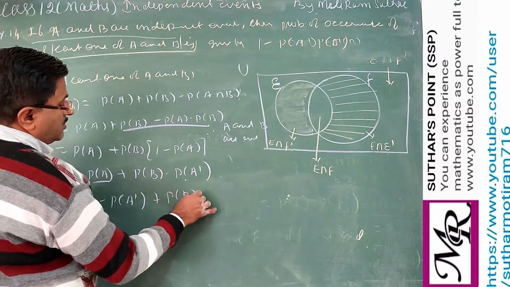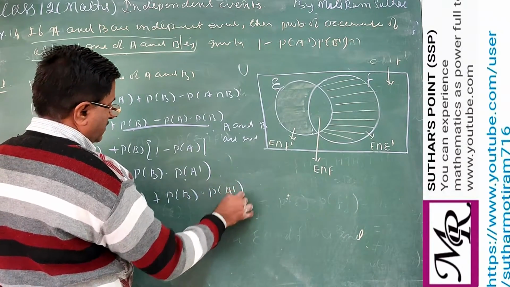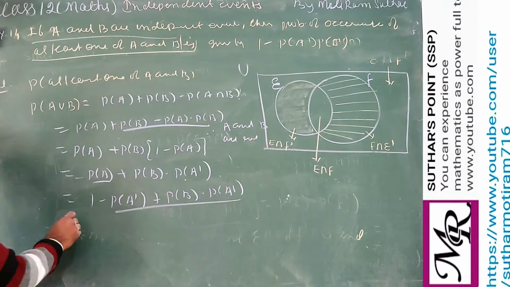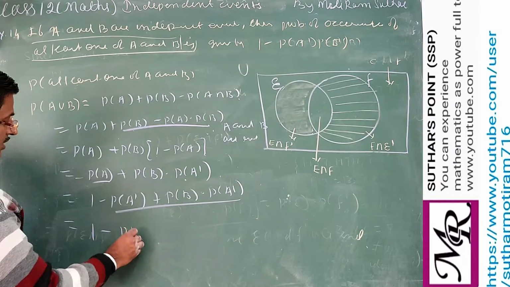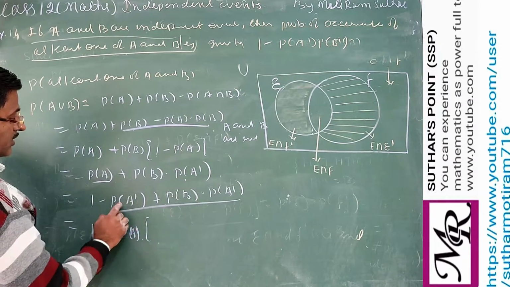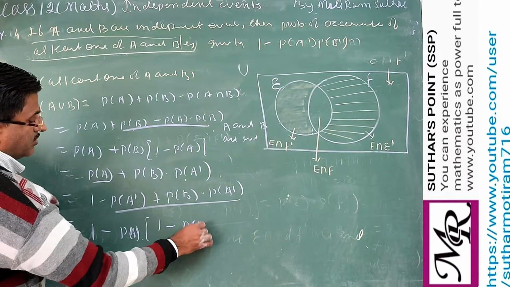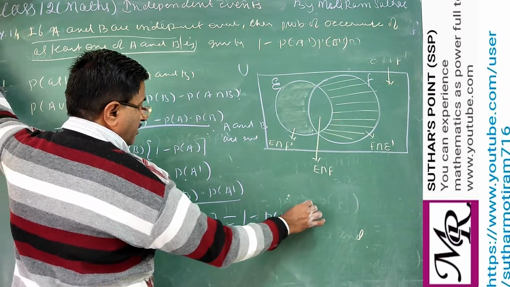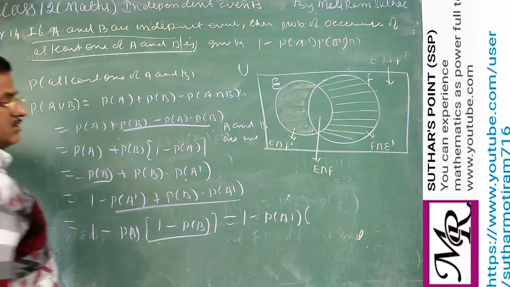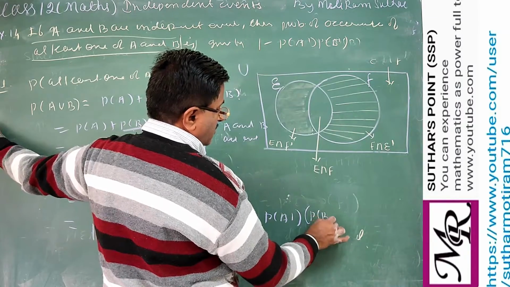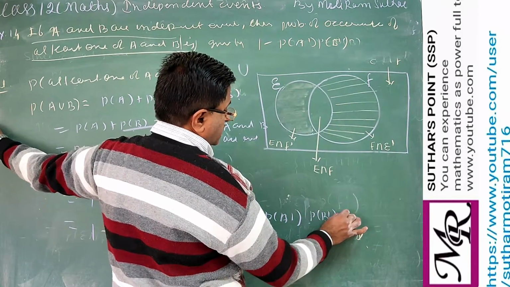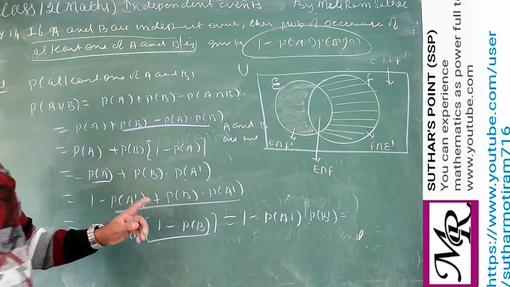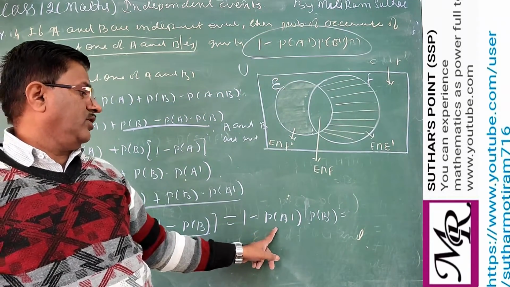So we get 1 minus PA naught plus PB into PA naught. Now in this you can take minus common, so 1 minus PA naught, and if you take it common, here is left 1 minus PB, that is PB naught. So what is the result finally? 1 minus PA naught into PB naught.